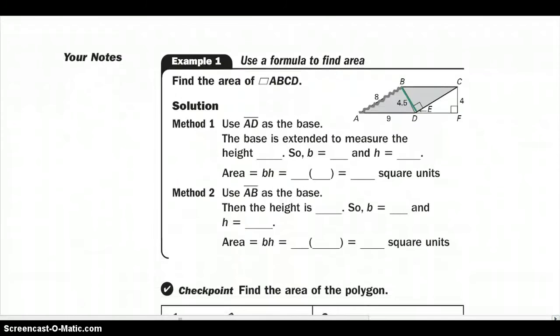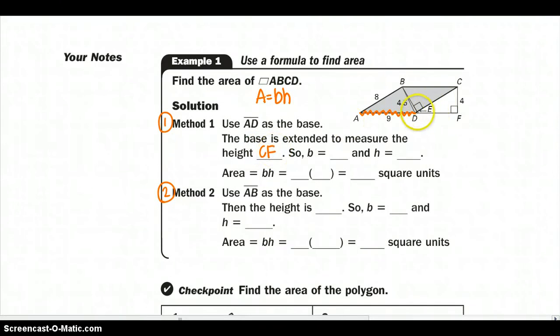Example 1 wants us to use 2 methods to see if, when we solve this area of a parallelogram, we get the same answer. So remember, the area of a parallelogram is base times height. So for the first method, AD is my base, so my height would then be CF.